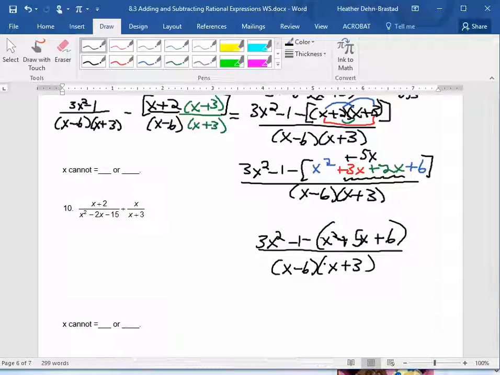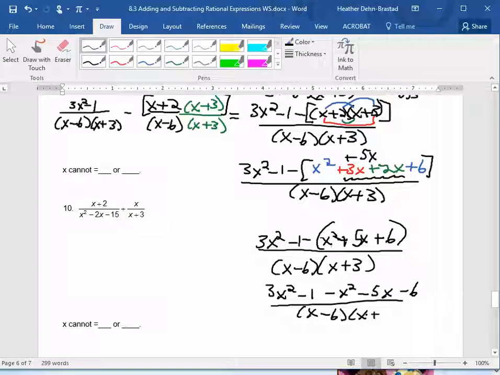I'm just going to go ahead and know that if I have a negative in front, every one of these signs will change to the opposite. So now I have 3x² - 1 - x² - 5x - 6, and it's still over (x - 6)(x + 3).